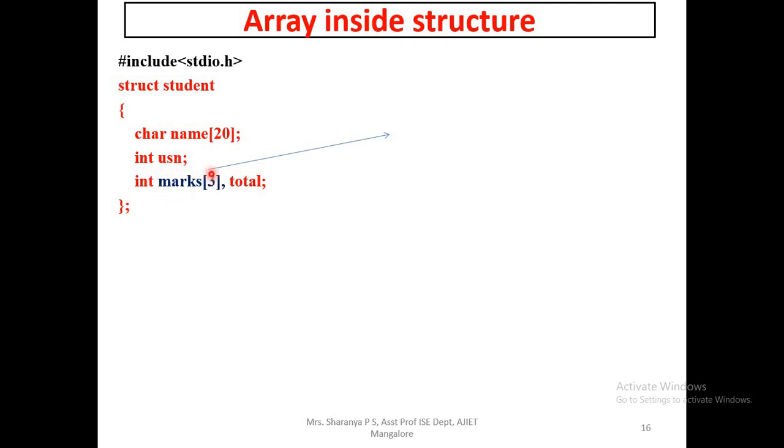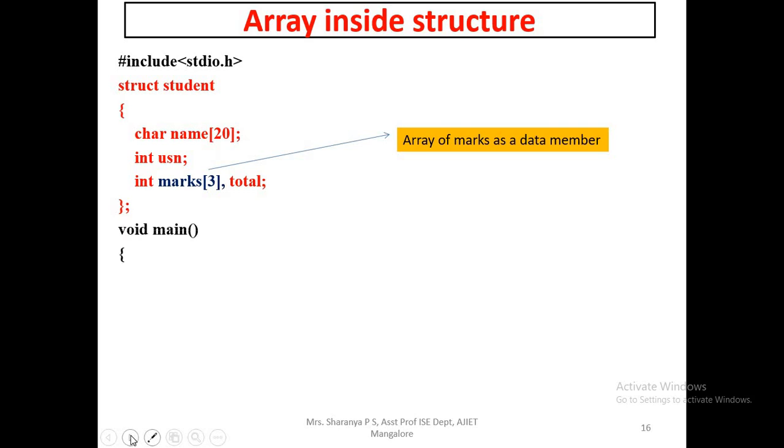And this marks is nothing but an array of type integer, and we have allocated three different storage locations for this marks array. So this is how it looks, the array of marks as a data member. That is, the array is present inside the structure student. This is what it means.